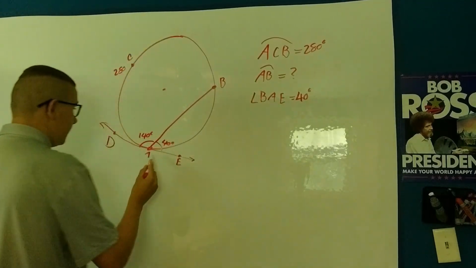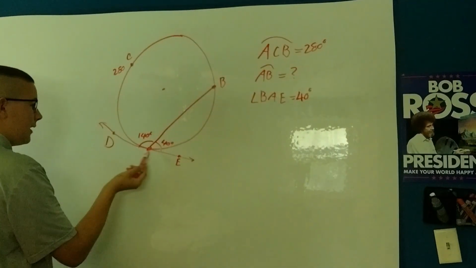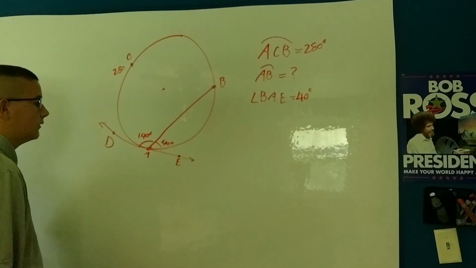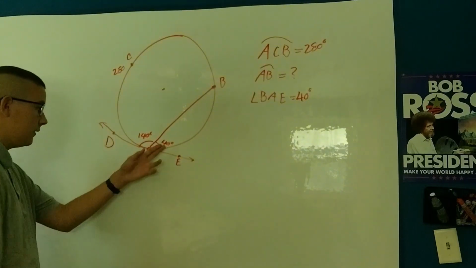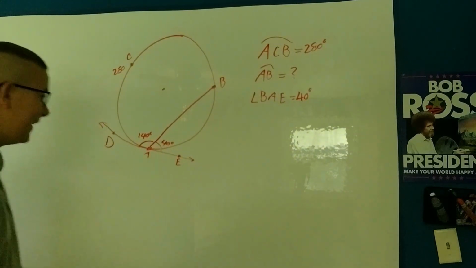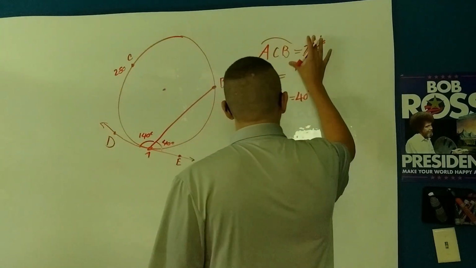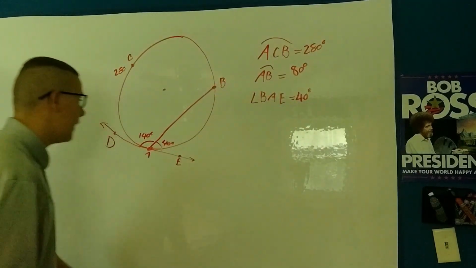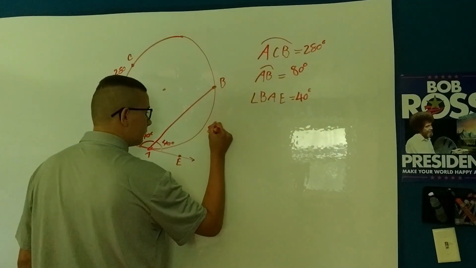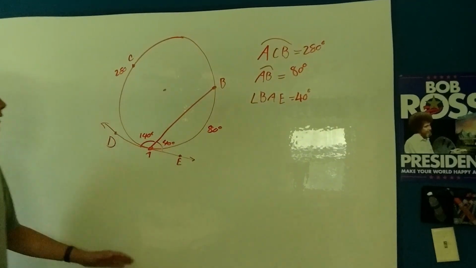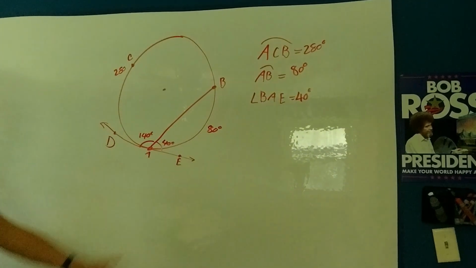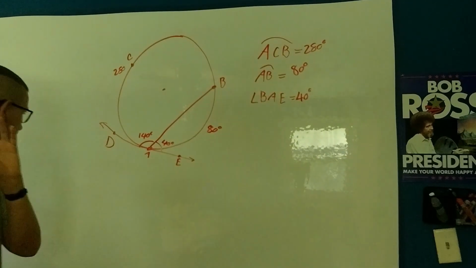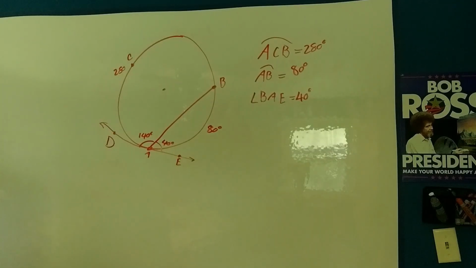And then this entire arc right here, AB, is going to be twice that, or 80 degrees. And that is the chord tangent theorem.